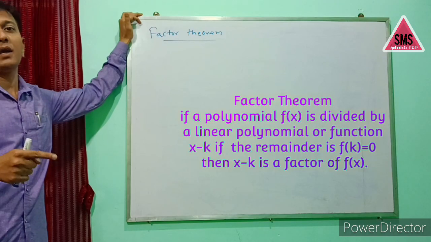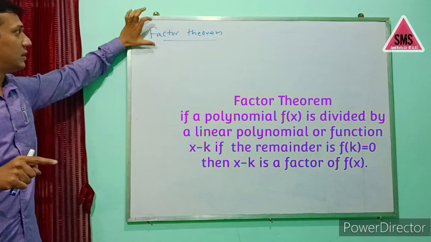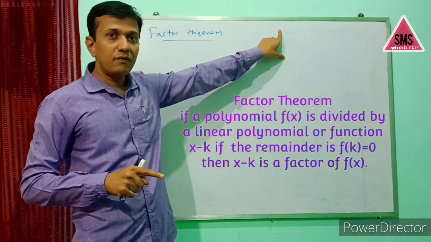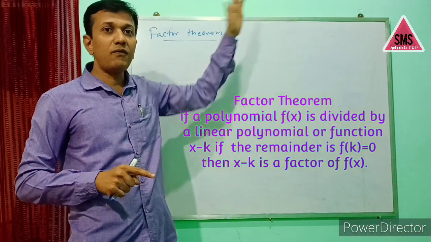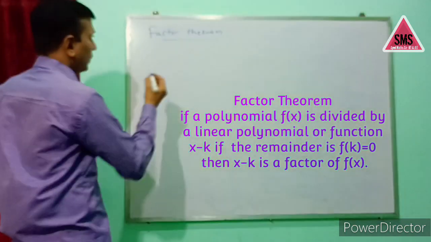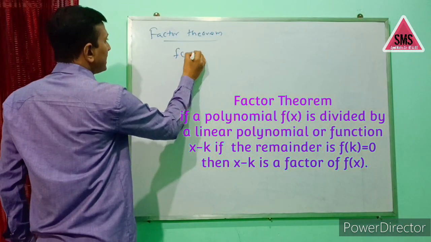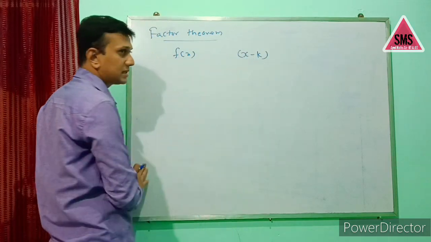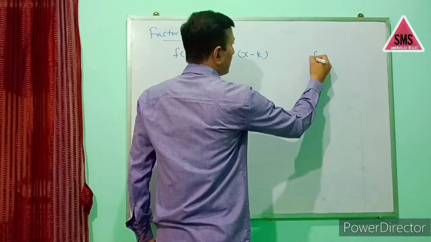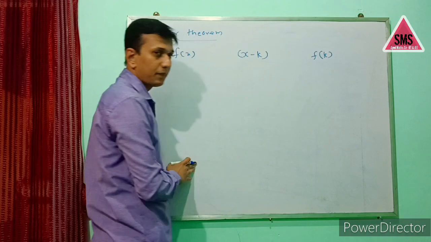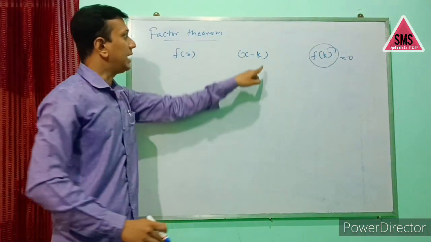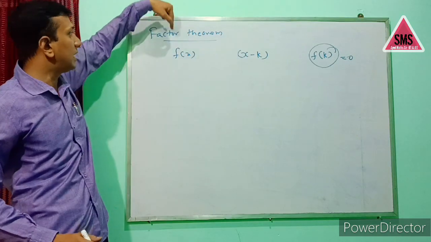If that f of k is 0, then whatever we have taken for dividing is a factor of this polynomial. Once again, f of x is a polynomial. We are dividing it by x minus k and we get the remainder f of k. If this f of k is 0, then x minus k is a factor of this polynomial.